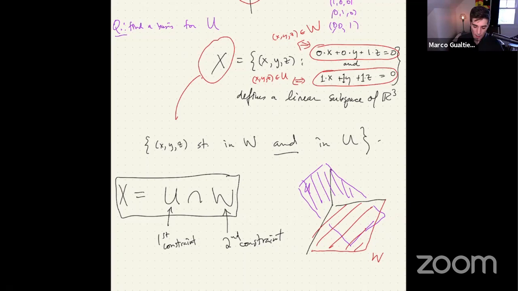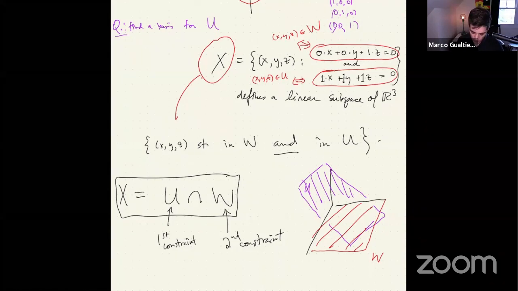It's going to be all the points where Z is equal to 0, and then X plus Y is equal to 0. That means X is going to be equal to minus Y, right?